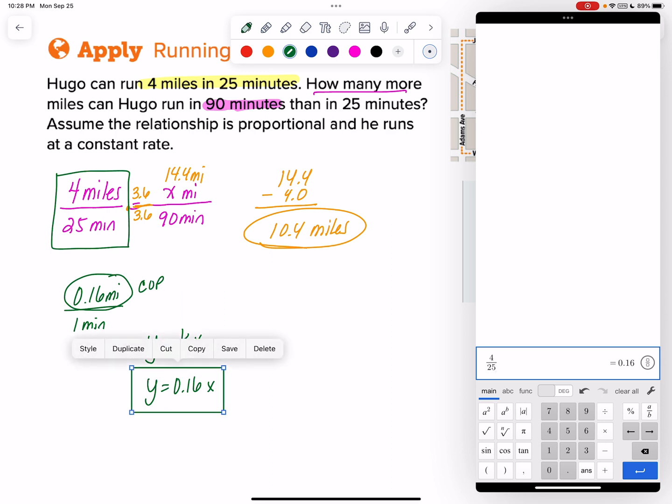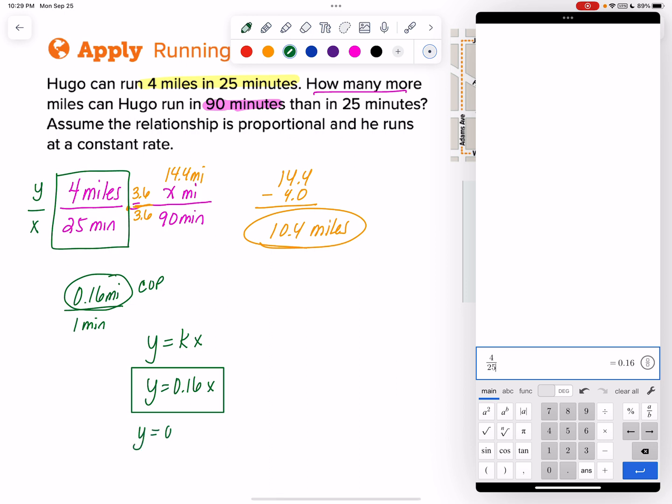Okay, and so if my equation here is y over x, all I have to do is plug in what I want. So I want to know minutes, and so minutes is x, so all I have to do is put in my information.